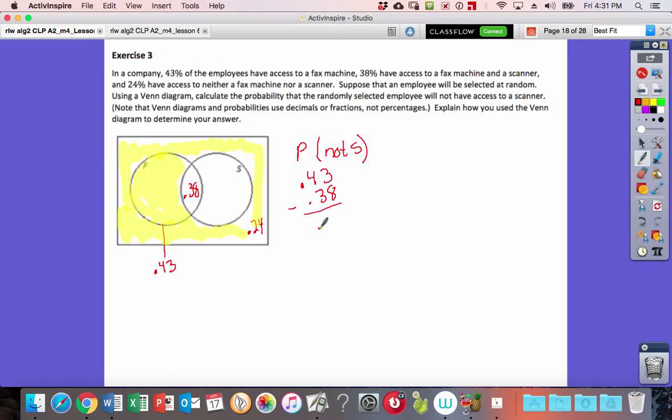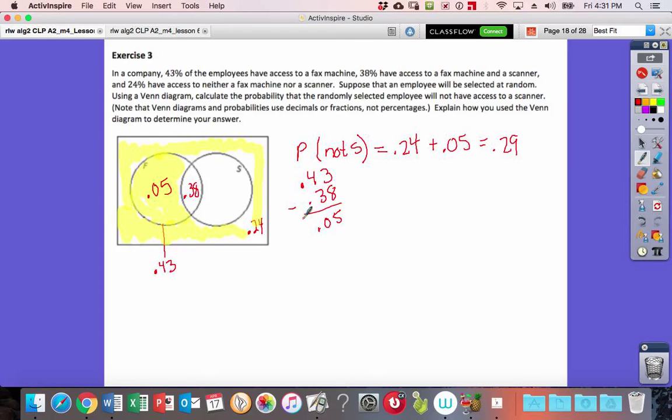That's going to give me 0.05. That tells me what's in this area here. Okay, so can't I say it would be 0.24 plus 0.05, and I would get 0.29. Okay, does that make sense to you?